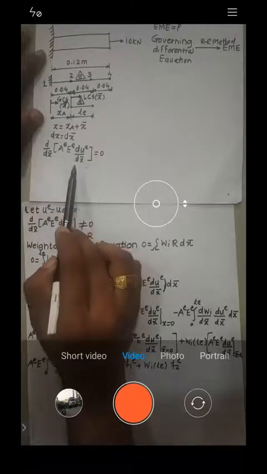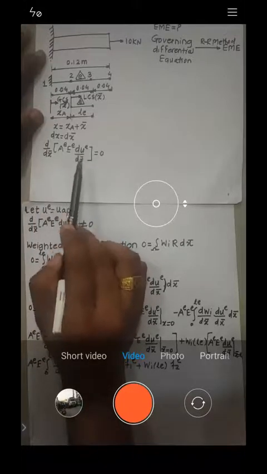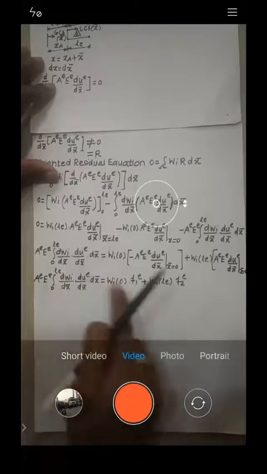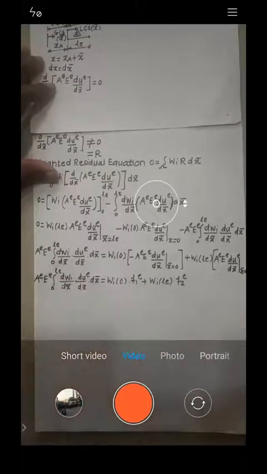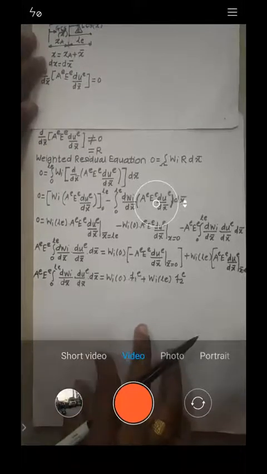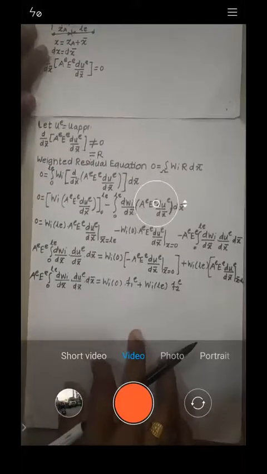See, d by dx of du by dx means it is d square u by dx square. So this is basically a second order differential equation. We have reduced its order to half, so it's a first order differential equation, right? Now we will solve this equation. Is it okay?